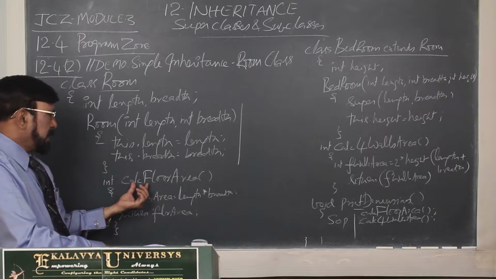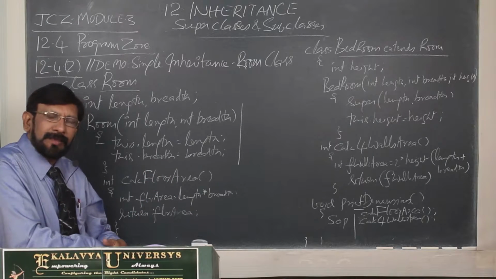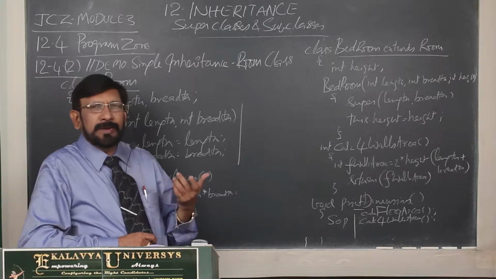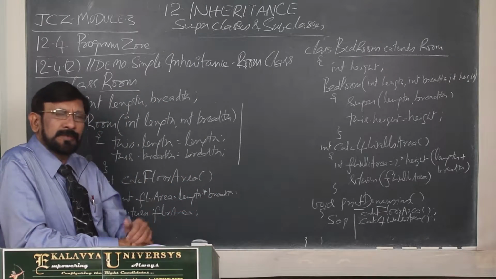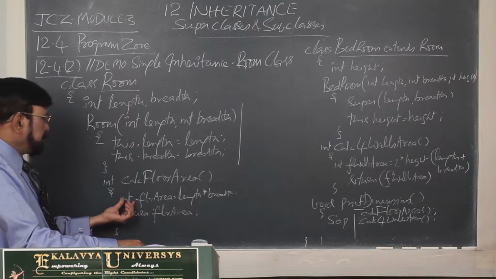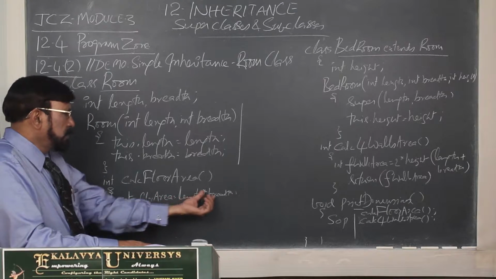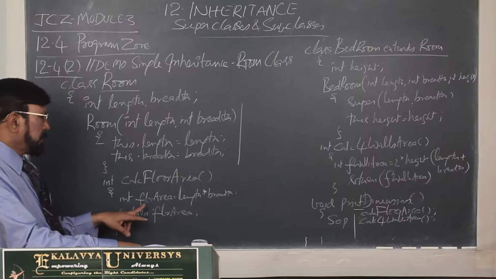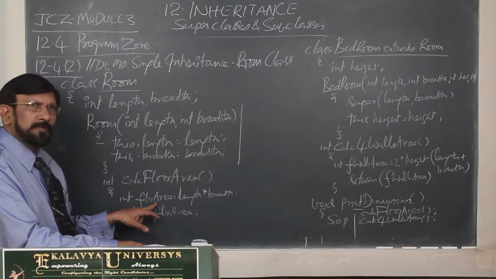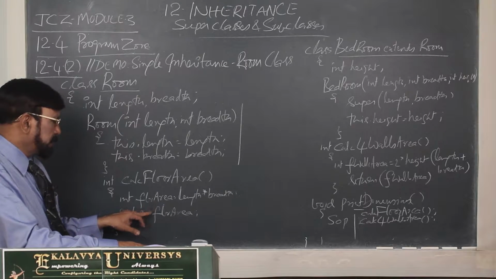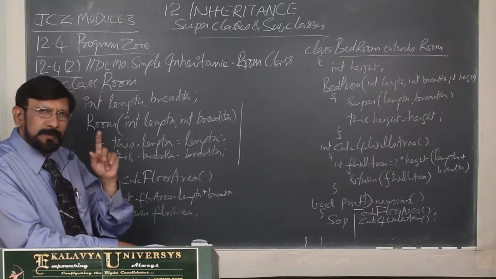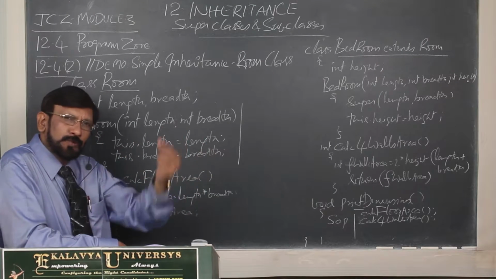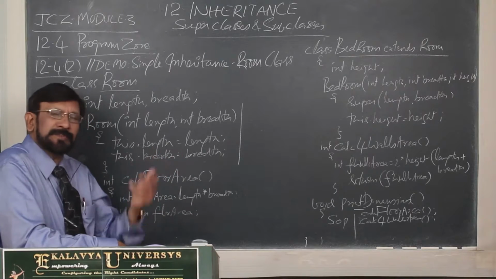Thereafter int calculate floor area. Using length and breadth we can calculate floor area, because the formula is length and breadth. Now we see int floor area is equal to length into breadth, and thereafter we return the floor area. Here floor area is a local variable, and local variables are created for storing the values which are newly created within the body of a method.